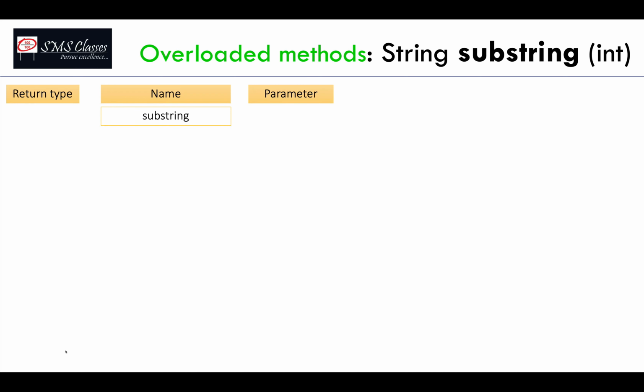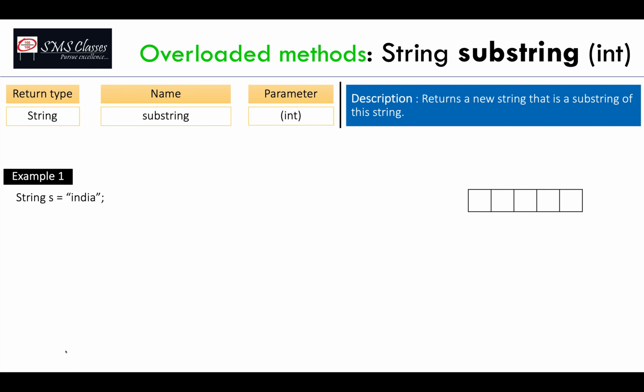Next overloaded method is substring. We have already seen substring with int comma int parameters. Now there is only one parameter, which means from whatever index we give till the end, it will take. That is, we give only 2, so from that position till the end it will take, and that will be returned as your substring.